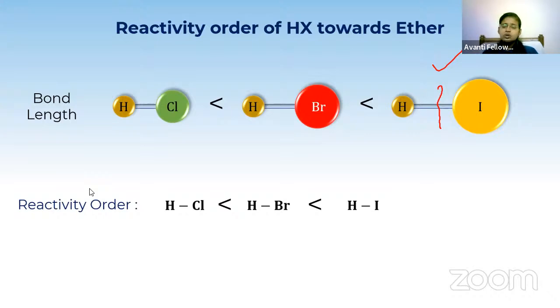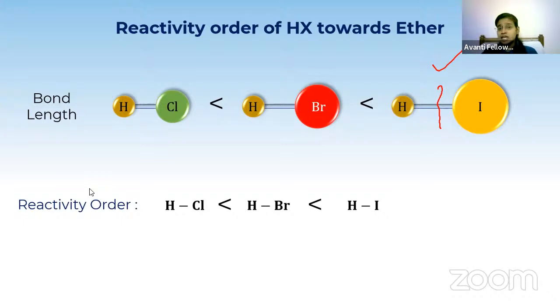We don't do reactions basically with HF because the H-F bond length is very, very small. Bond length is very small means bond strength is very high. The H-F bond is very strong, so it cannot be cleaved so easily to undergo such reactions.